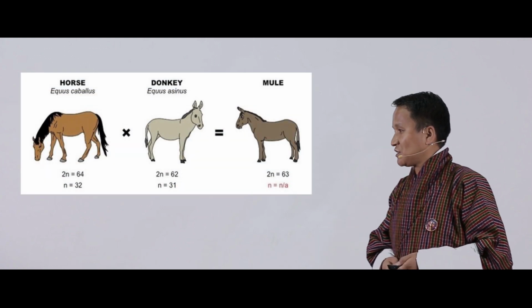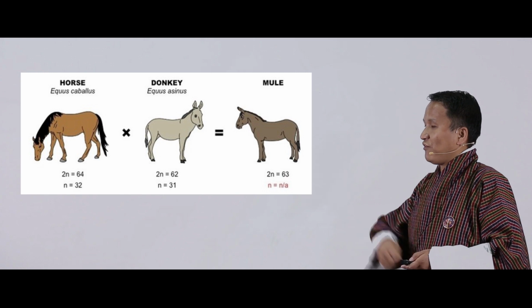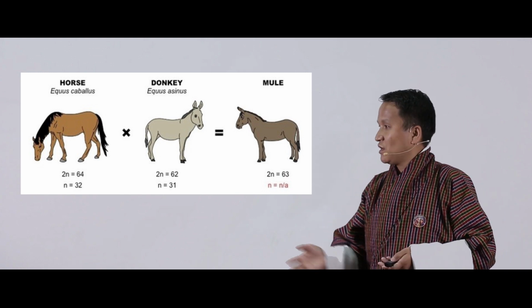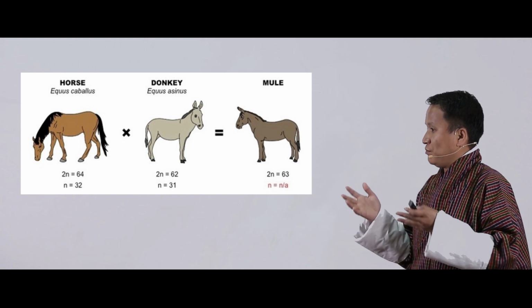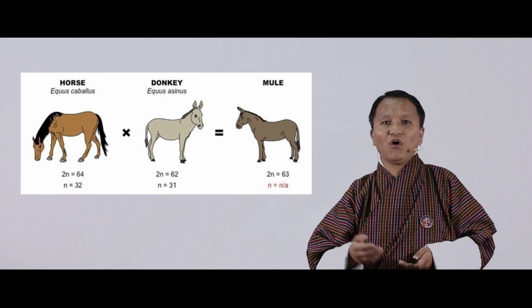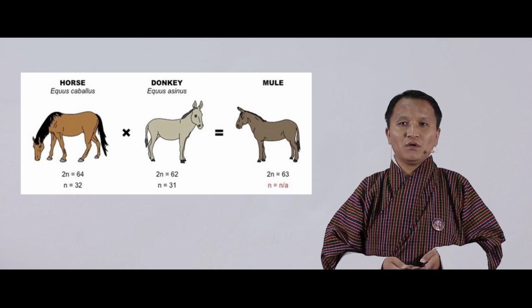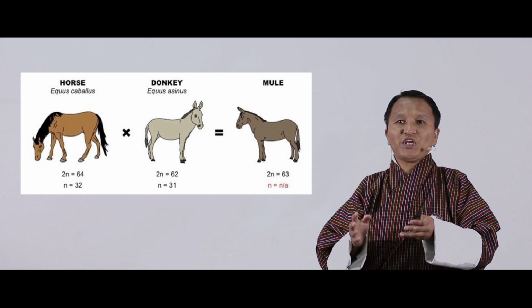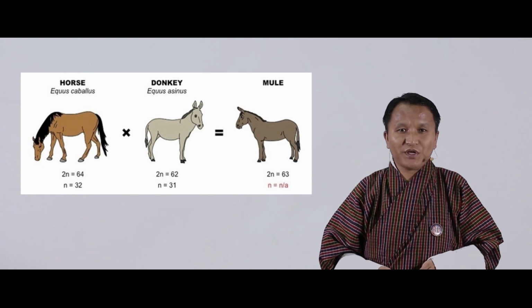Now in some cases, as shown here, you will find that the animals are able to interbreed. For example, the horse and donkey here could interbreed and produce the offspring mule. But the problem here is, the mule will not be able to interbreed and produce offspring.